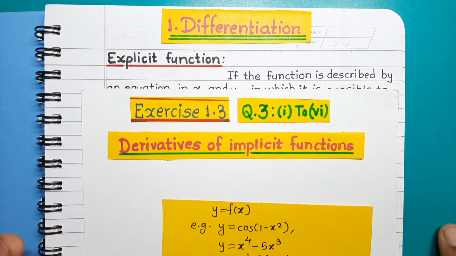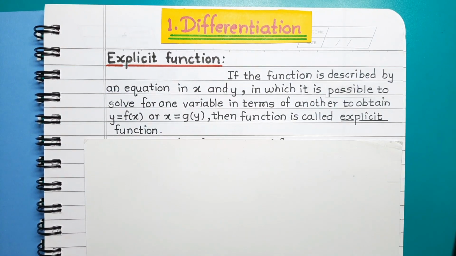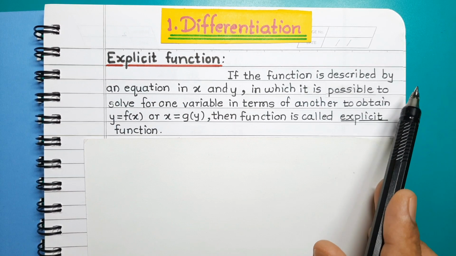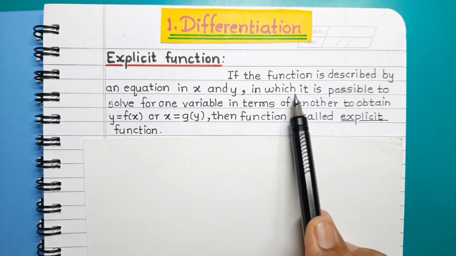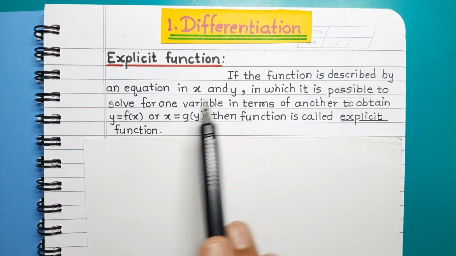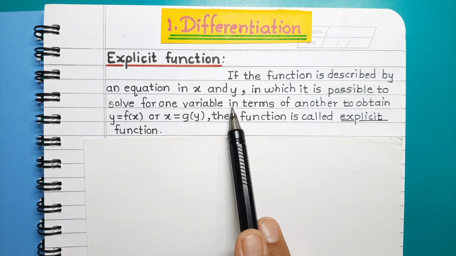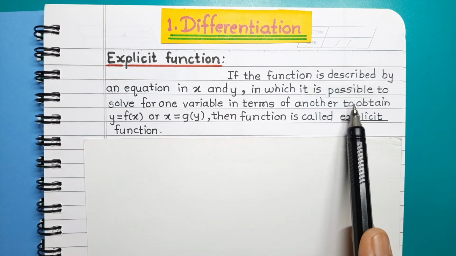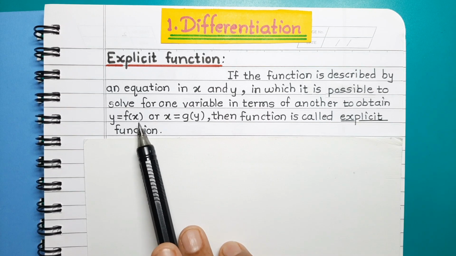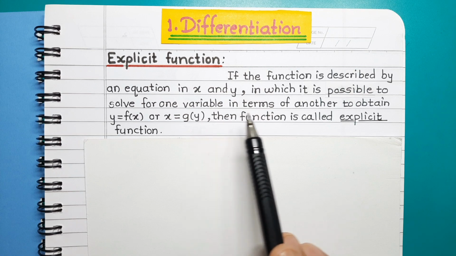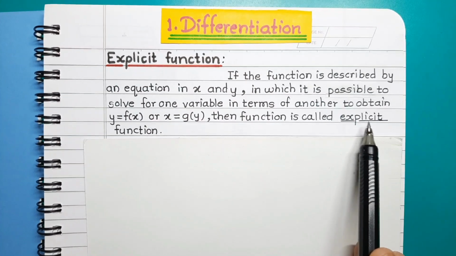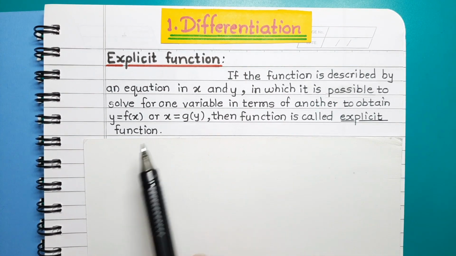See the definition of explicit functions. If the function is described by an equation in x and y in which it is possible to solve for one variable in terms of another to obtain y is equal to f of x or x is equal to g of y, then the function is called an explicit function.